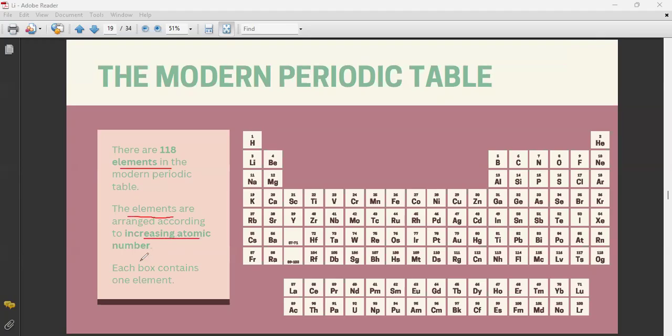Please keep in mind these elements are not placed according to their increasing atomic masses, but by atomic number, which is the number of protons present in the elements. Each box contains one element, as you guys know, and each of the elements has a different place in the different boxes, so each element has a different position in the periodic table.